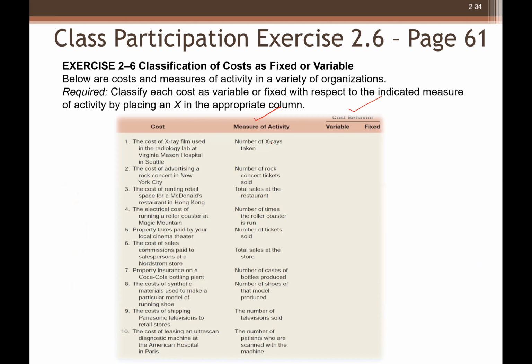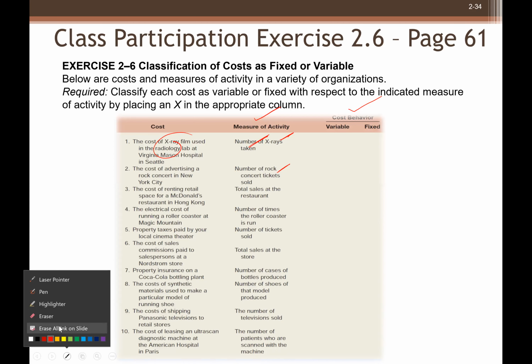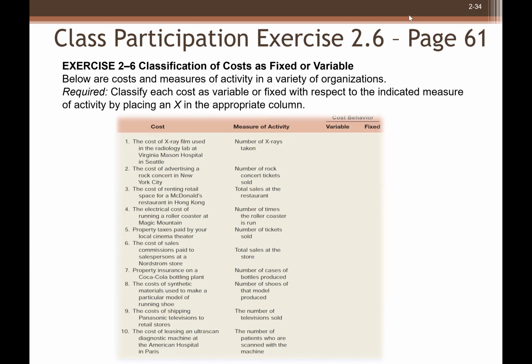So don't just categorize the cost by reading it and saying this is variable or fixed. No, base it on the activity measures, okay? Please take a picture, and I'm opening a breakout room.